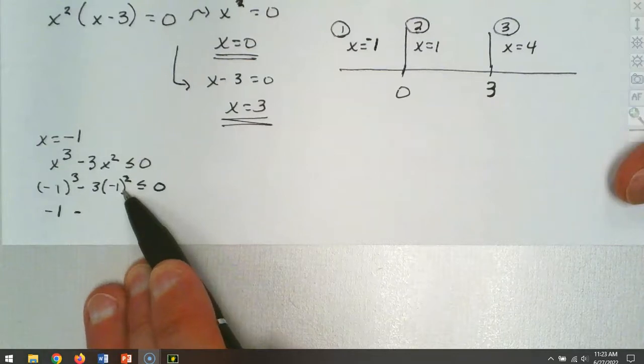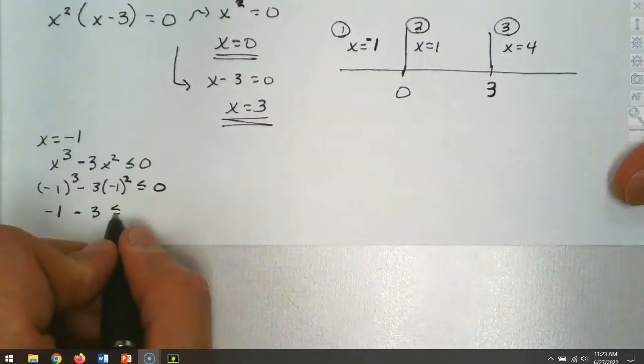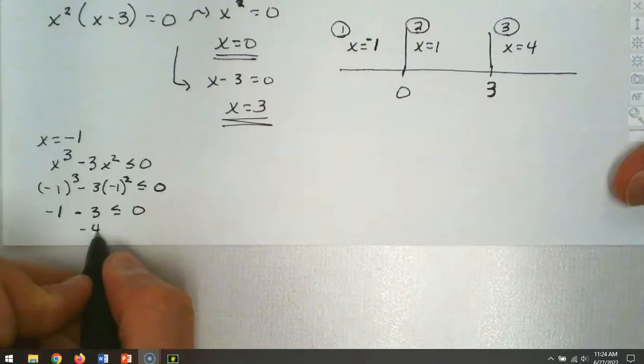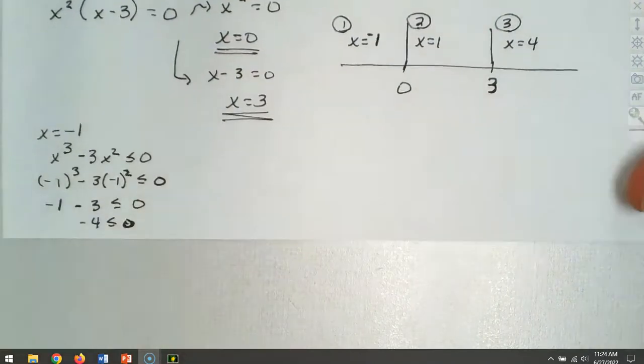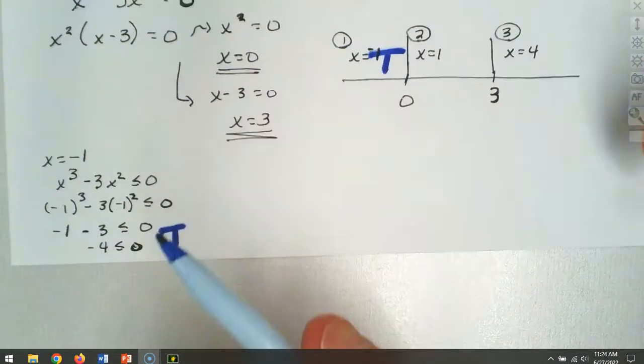Positive 1 times a negative 3 makes it still a negative 3. And minus 1 minus 3 makes it a minus 4. And is minus 4 less than 0? Is minus 4 less than 0? Yes, it is. So that means that piece is true. So we label that one as true.